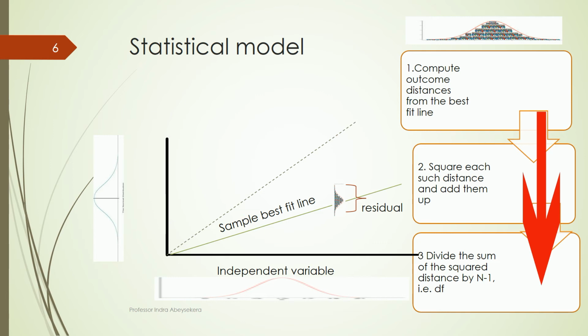So the unexplained amount in a sample, in a statistical model, which is the residual, is the sum of squared distances of the outcome divided by the degree of freedom in the sample.